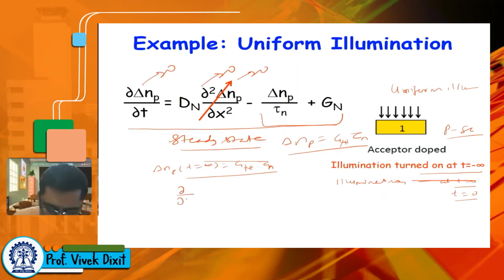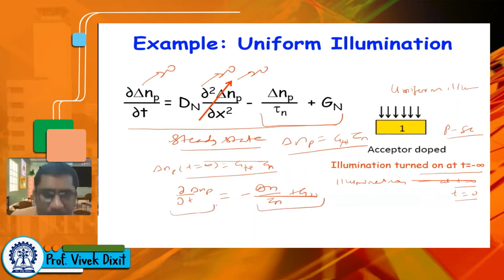So d by dt of delta np is minus delta n by tau n plus gn, right? This is basically a linear differential equation, so you will get some log type of term. Your delta n will basically be some kind of exponential term, where the carrier concentration at infinity will be gn tau n.